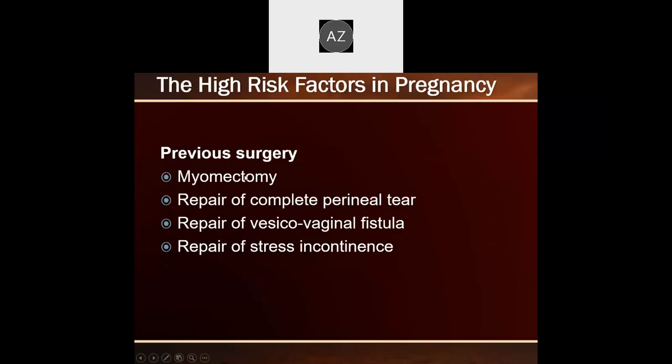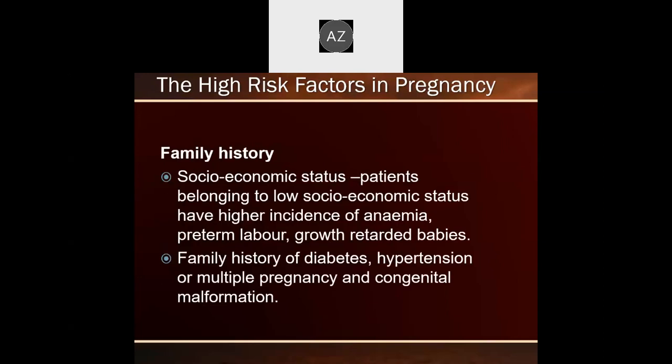Then previous surgery: myomectomy, repair of complete perineal tear, repair of bladder vaginal fistula, repair of stress incontinence. All these are high risk factors from the history. Then family history: those from low socioeconomic status have a tendency to have anemia, preterm labor, and growth retardation.